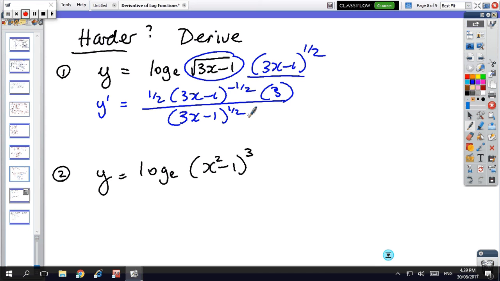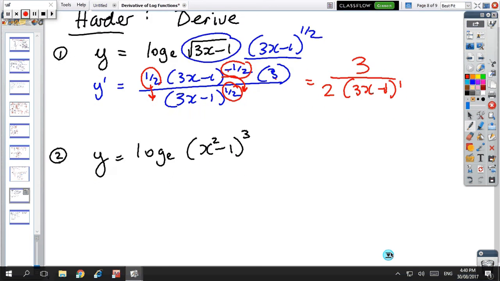And we've got to do some tidying up. Okay, so what we do is this bracket here will come to the bottom because it's got a negative power. The 3 will stay on and the half will come down. So the answer will be 3 over 2 3x minus 1 to the power of 1, because this minus a half and this half, when you put them together, will make a whole on the bottom, and that's the answer.